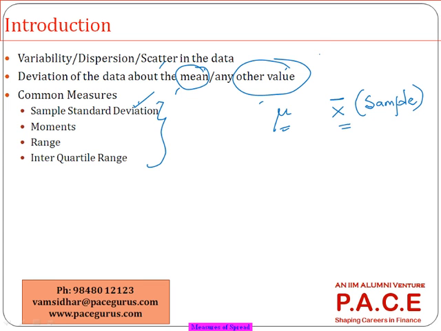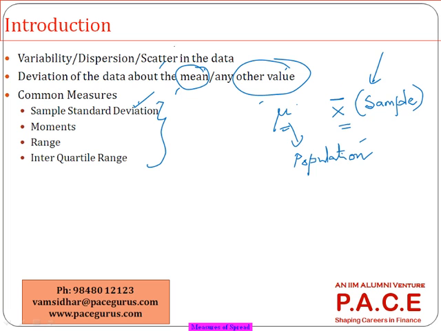When you are using x bar, it means the mean of a sample of data. But when we are using mu, it is the mean of the population. To a large extent, we always work with samples only, but when we are estimating, we estimate the population parameter.